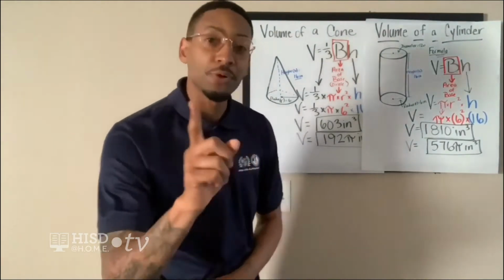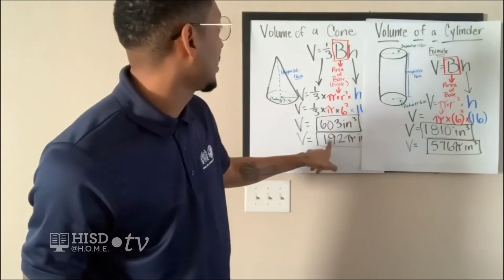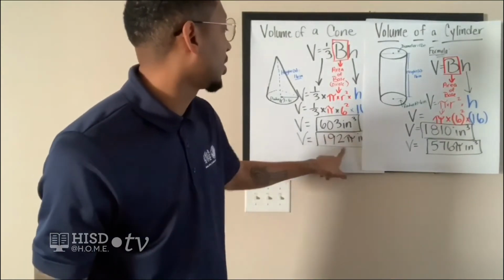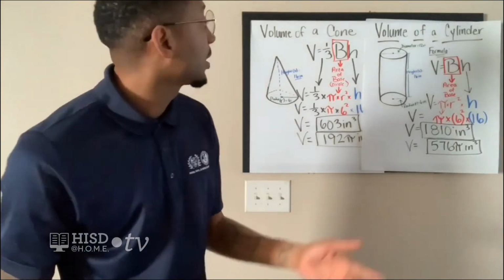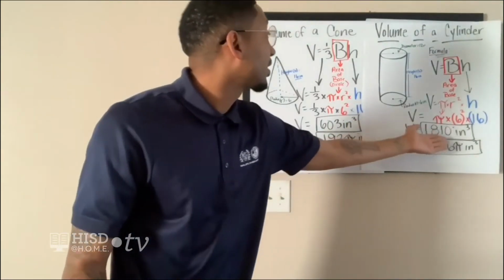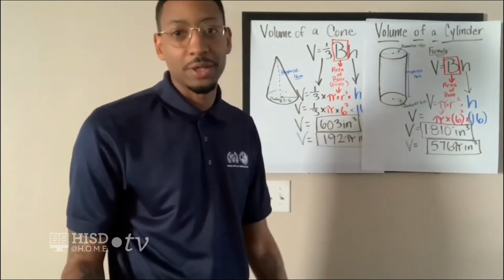Okay? To prove that, I'm going to multiply the volume of a cone times 3. Or we could divide the volume of the cylinder by 3 or multiply it by 1/3.